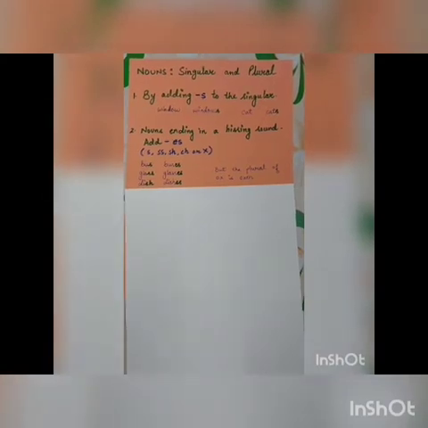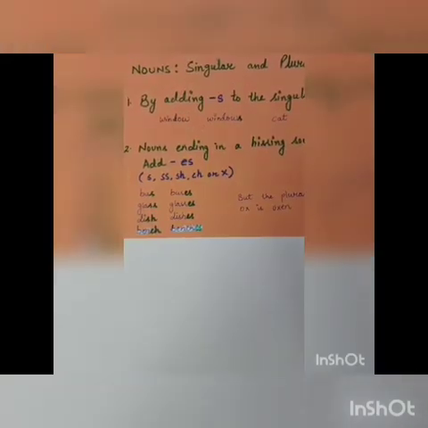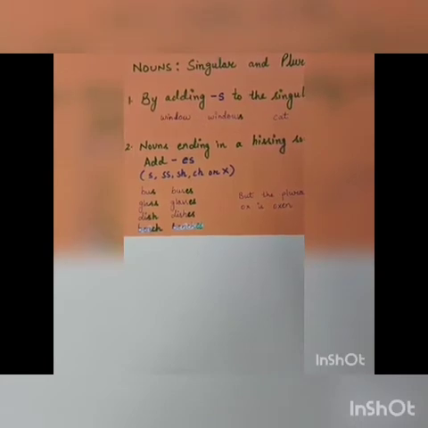Glass. Now, the noun glass is ending with double S. So, again, to make its plural, we will add ES to it. Third is dish. Dish is ending with SH. Again, what will be added to make it a plural? ES is added. So, it will become dishes. Bench, benches. Bench is ending with ch.